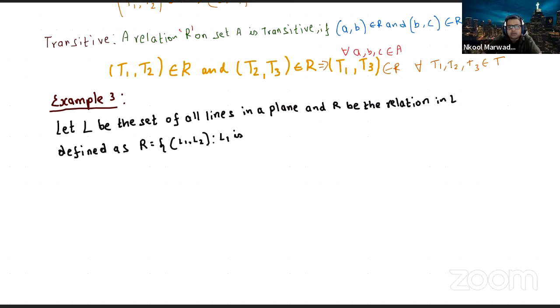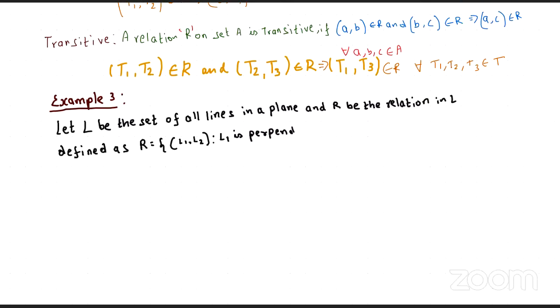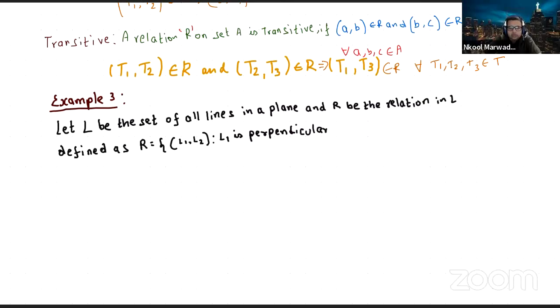Because we know the set L contains all the possible lines, and relation R will contain only those ordered pairs in which L1 is perpendicular to L2. Okay, this is the relation.